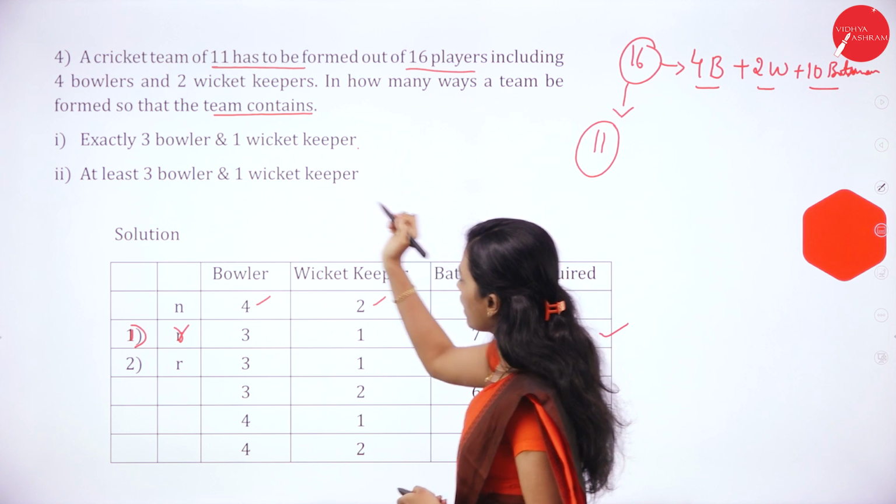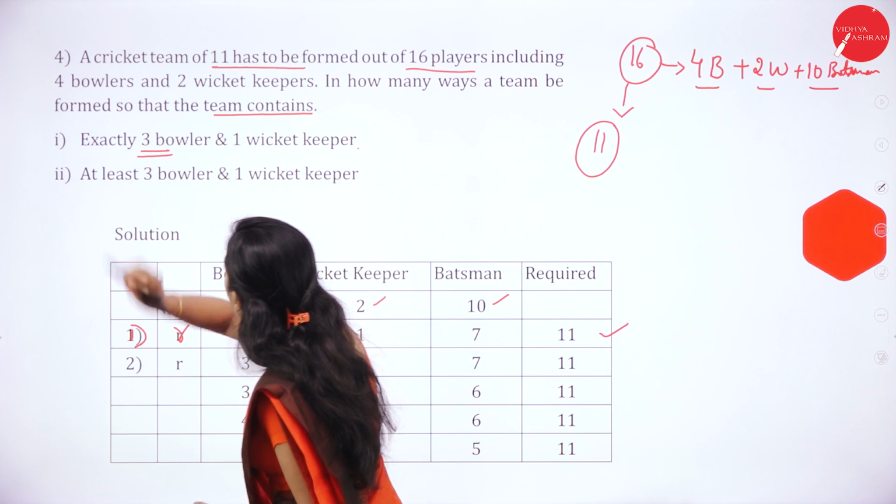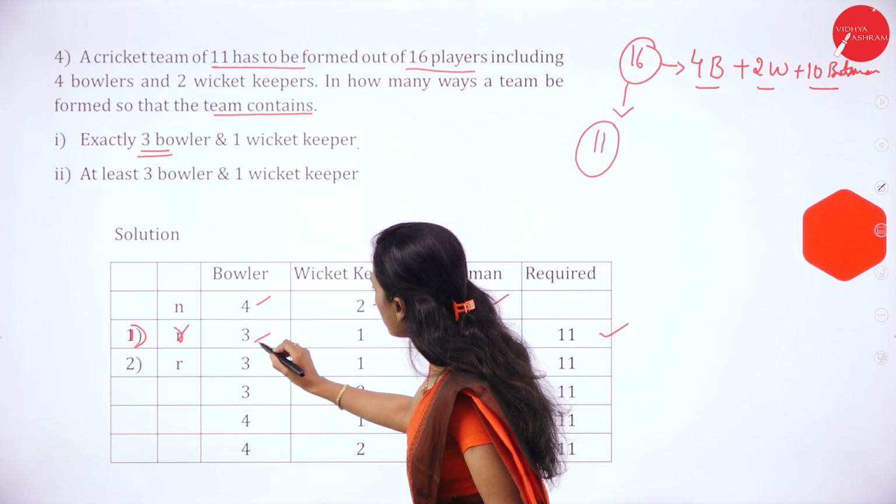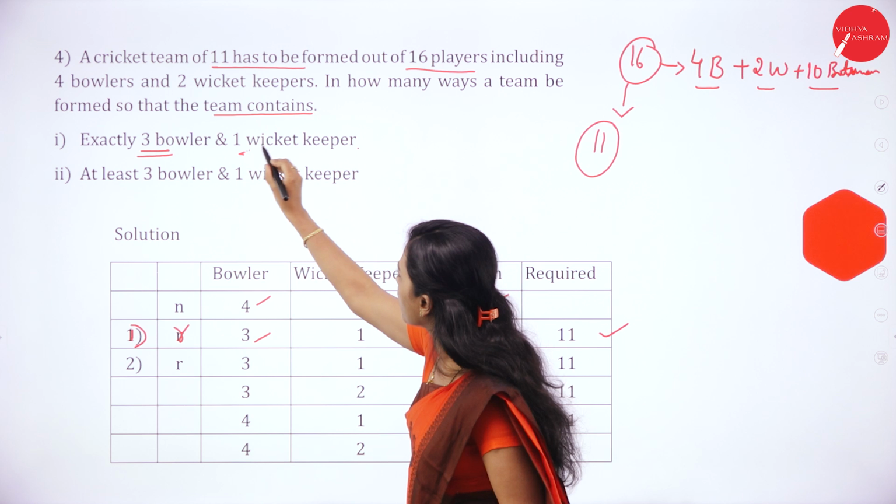Out of 11 players, there should be exactly 3 bowlers and 1 wicket keeper.